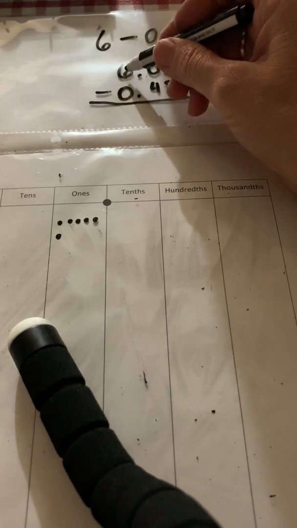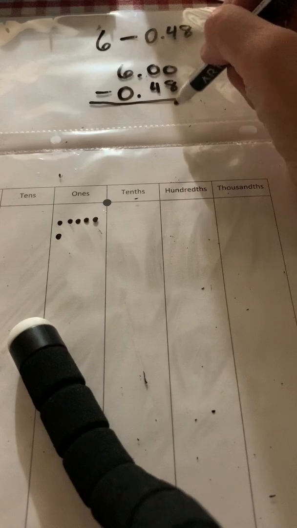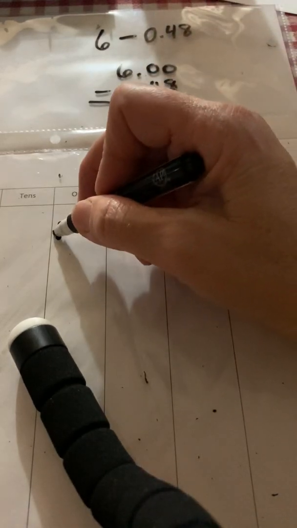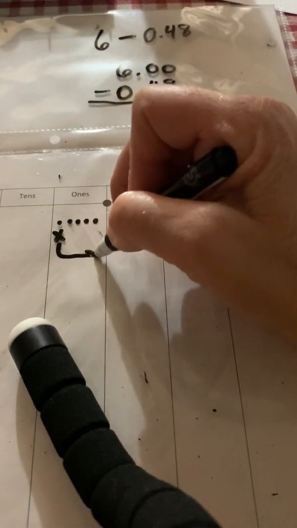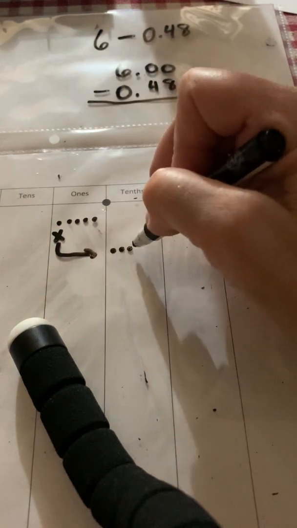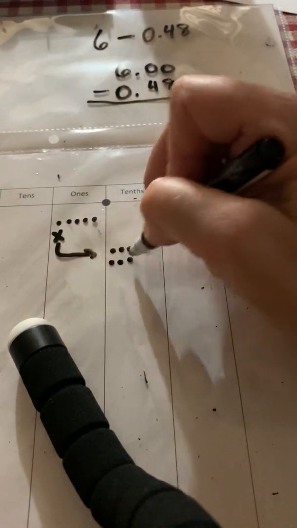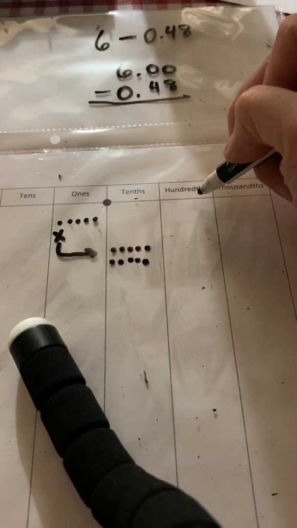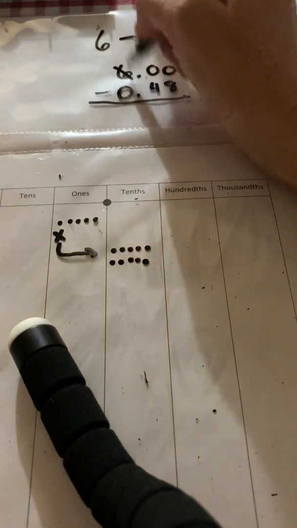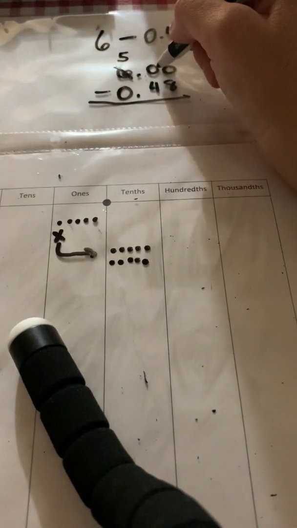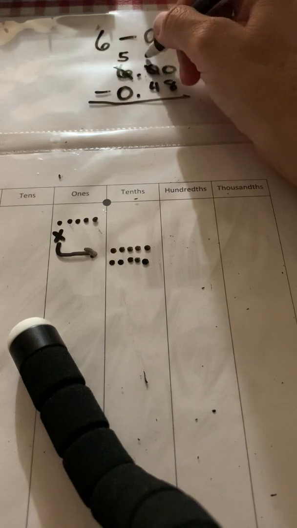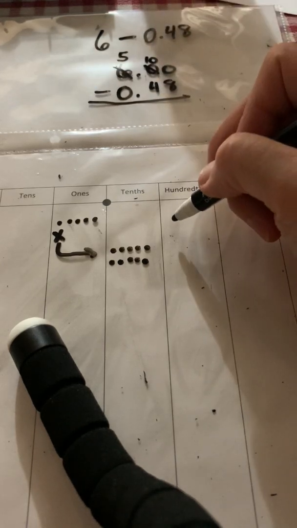So I have to go all the way over to my ones column to unbundle. I'm going to unbundle a 1 and exchange it for 10 tenths. Let's update our algorithm. I had 6 ones, but now I have 5 ones. I had 0 tenths, but now I have 10 tenths.